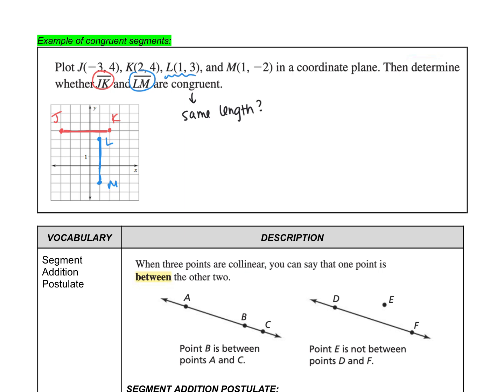Well, in the figure, we can count. How long is JK? 5. We're just counting the boxes. LM, we see 1, 2, 3, 4, 5. Also 5. So then are they congruent? Yes. JK is congruent to LM. And again, it's not a plain old equal sign. It's got a tilde over the top.